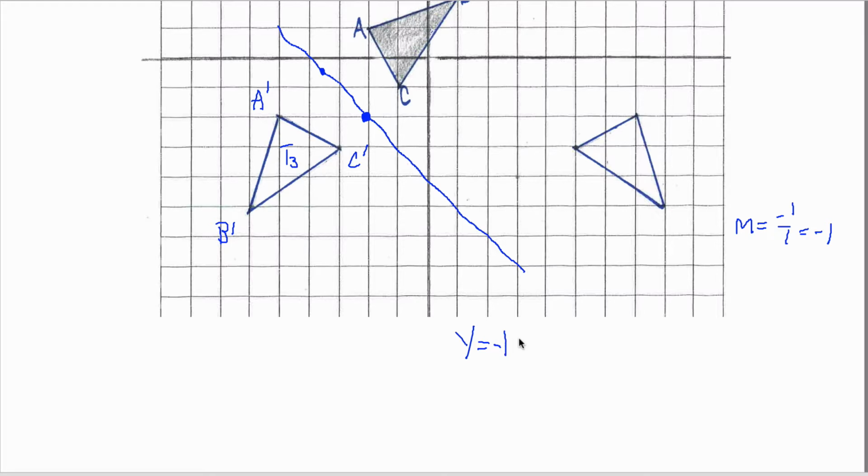So y equals -1x, or just -x, plus the y-intercept. Well, the y-intercept is right here. That happens at -1, 2, 3, 4. So b equals -4. So I get -1x minus 4, or y equals -x minus 4. This is the equation of the line of reflection.